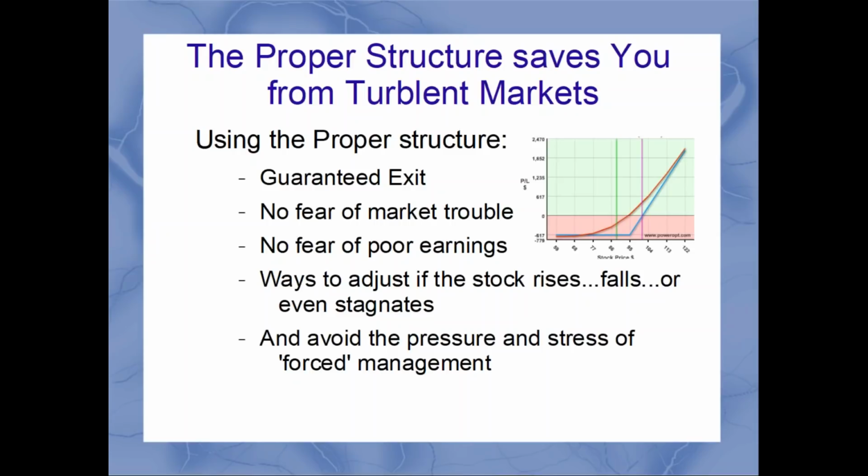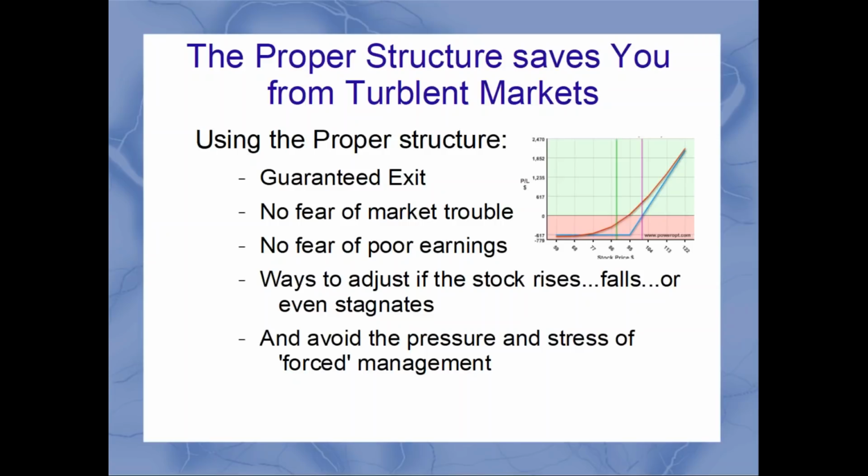No fear of earnings, no fear of a poor earnings, but still initial structure set up to take advantage of positive earnings without fear of a negative earnings. And it still puts you in a position where you have ways to adjust if the stock rises, if the stock falls, or even if the stock stagnates in the first 20, 30 to 40 days after you've opened the position, or even sooner.